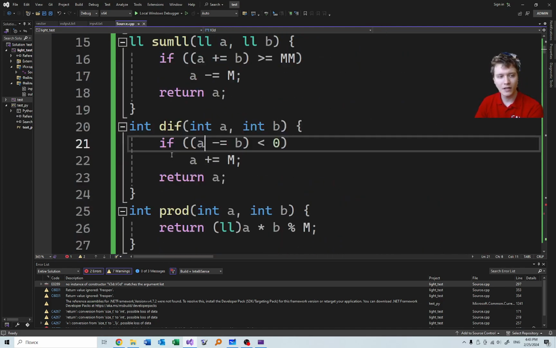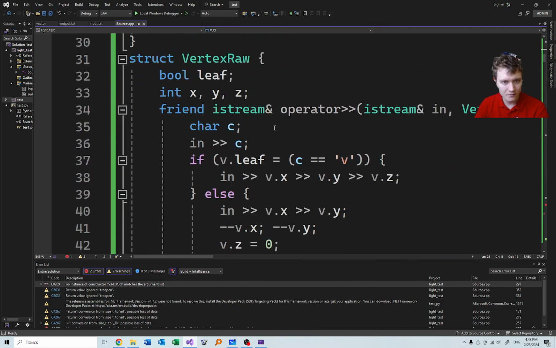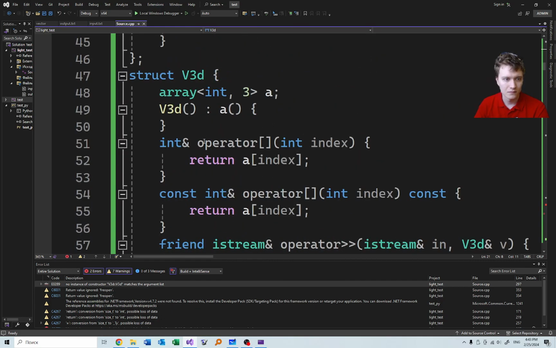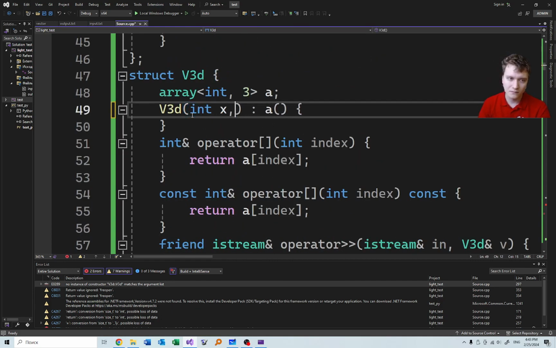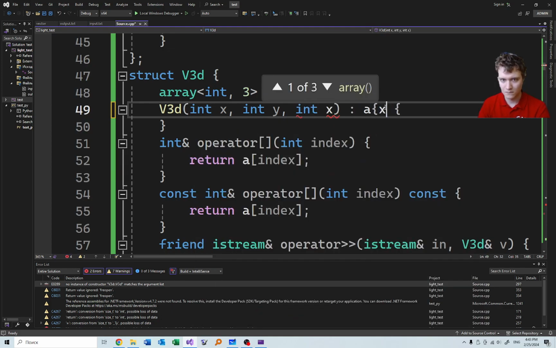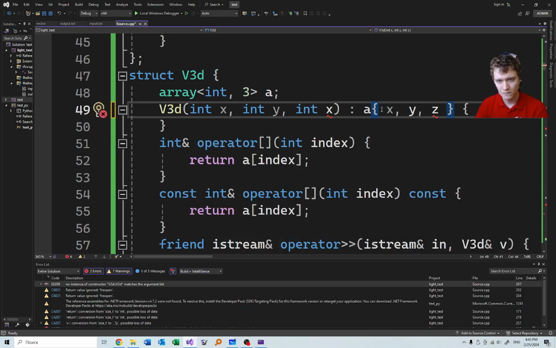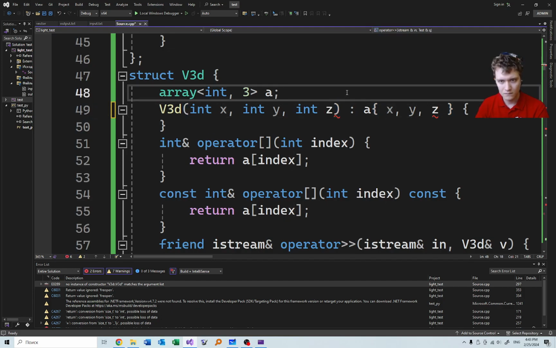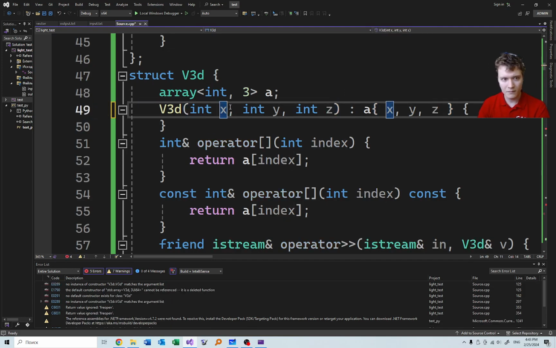Okay, I hate it a bit, but let's make a constructor. And we can make a default constructor by replacing it with zeros.